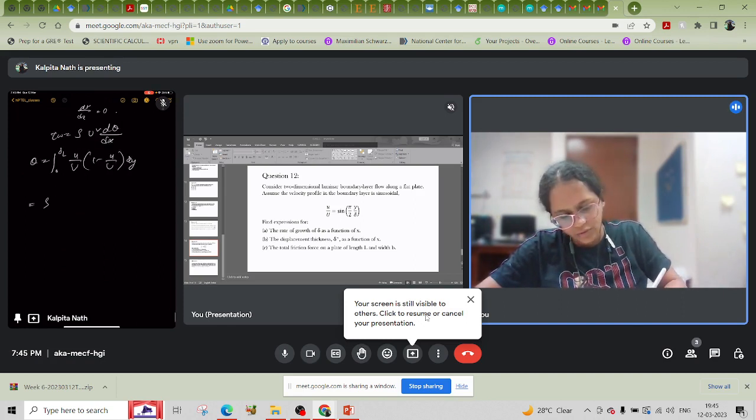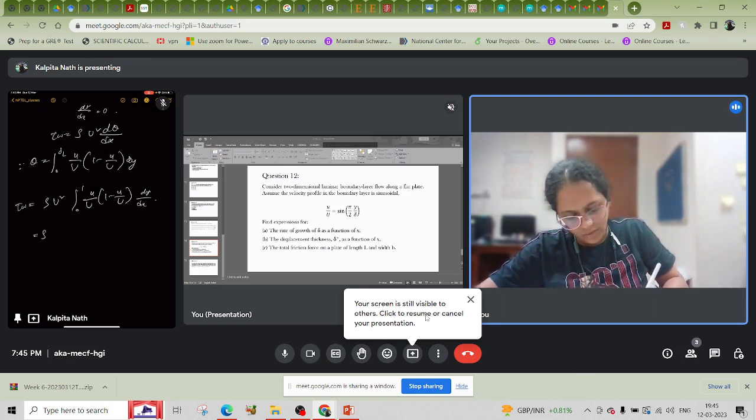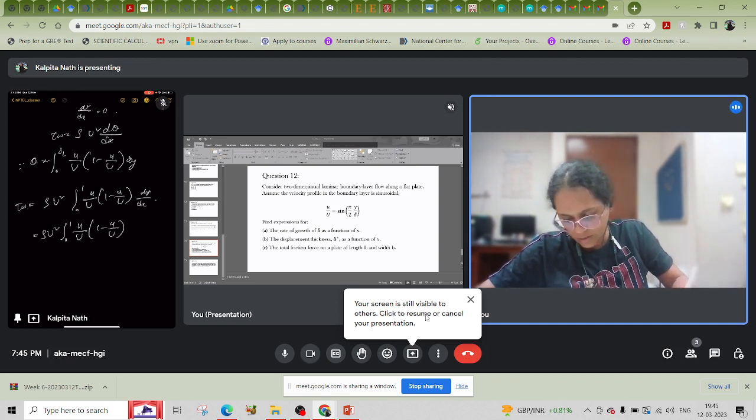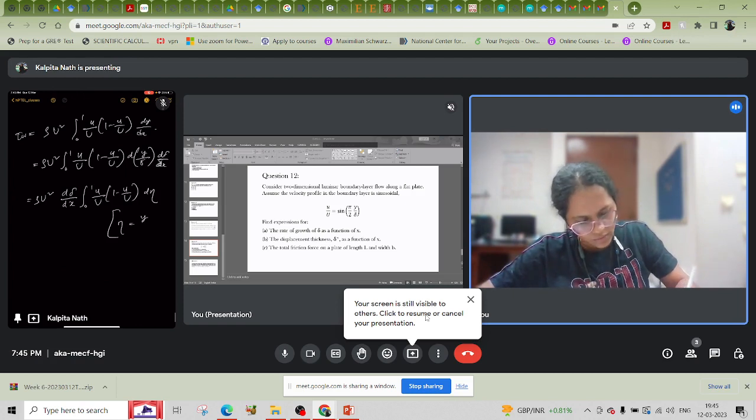Therefore tau w is equal to rho U square times the integral from 0 to 1 of u by U into 1 minus u by U dy by dx, which is rho U square d delta by dx times the integral from 0 to 1 of u by U into 1 minus u by U d eta, where eta is equal to y by delta.